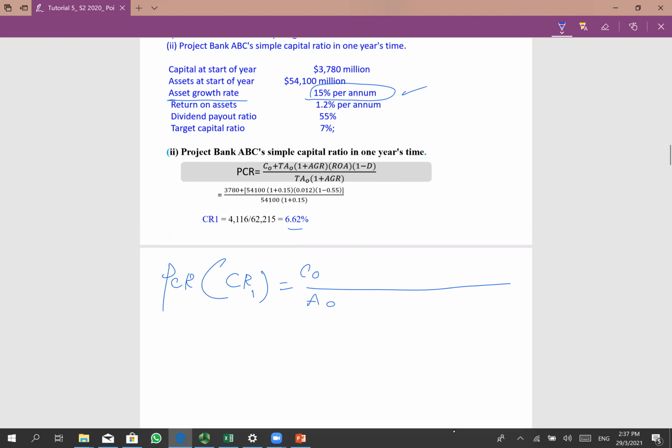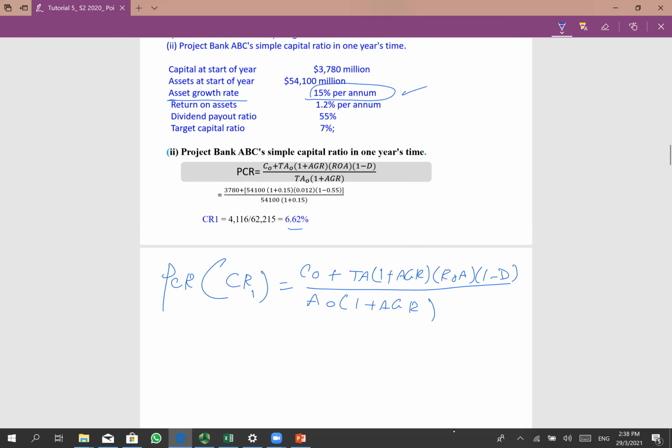I just want to know what is the growth, so I will have to get the growth of the assets times the asset in the beginning of the year, times its growth, times how much it earns, ROA, minus how much I pay as dividends. And this is times its growth.